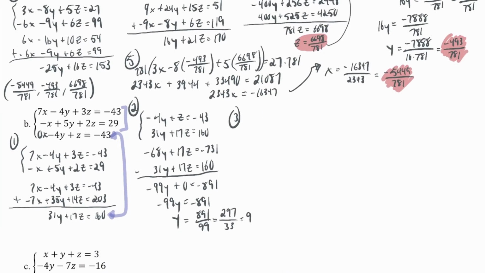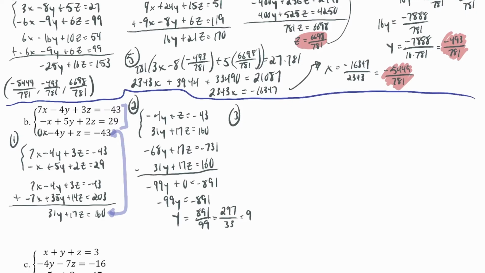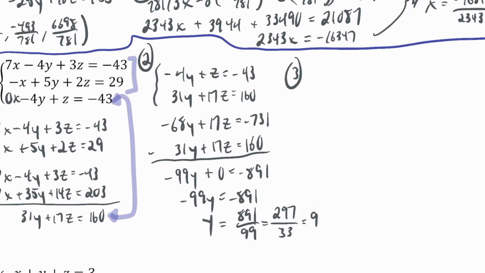And I should probably change colors here, just so later it's very clear where one problem begins and the other ends. So negative 4 times 9 plus z equals negative 43. So if I add 36 to both sides, I get negative 7.